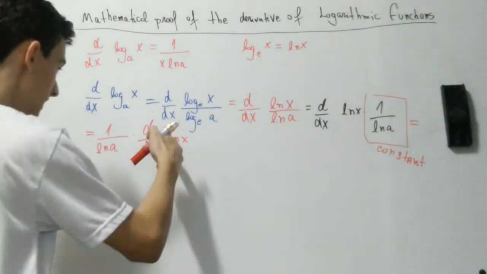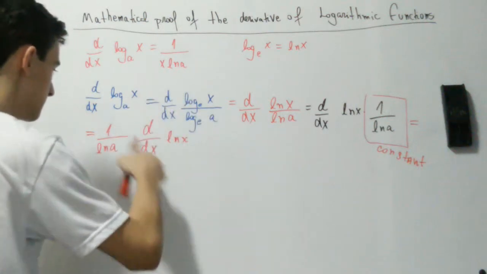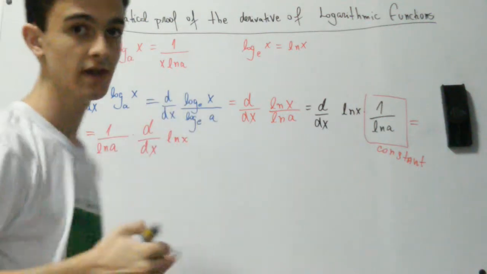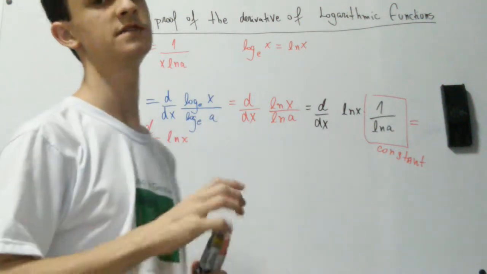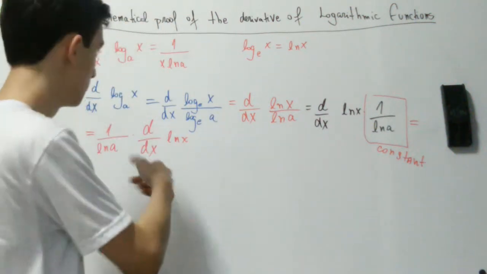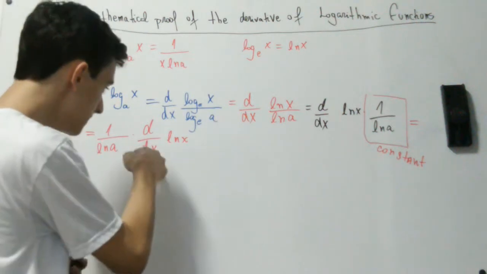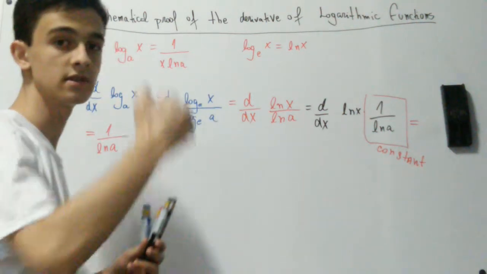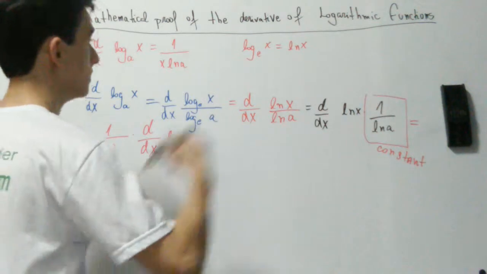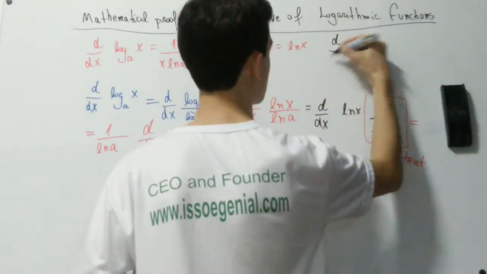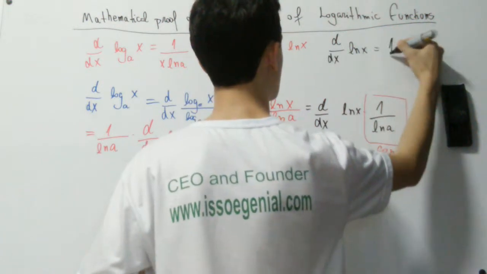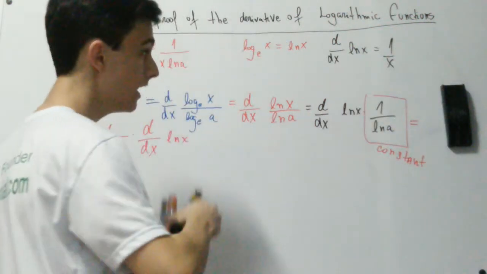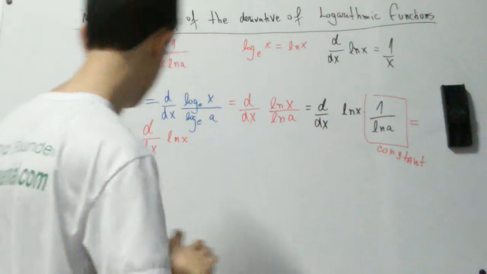So this derivative here is very famous, and we study it in calculus. We're going to have future videos proving mathematically that the derivative of natural log of x is 1 over x. So let me write here: the derivative with respect to x of natural log of x is equal to 1 over x, or x to the power of negative 1.